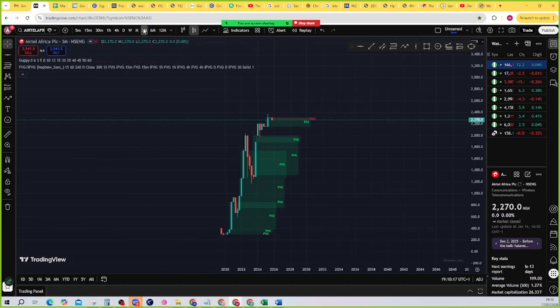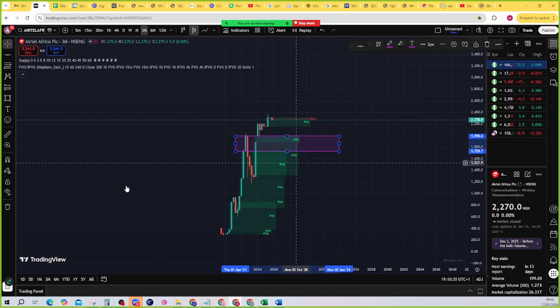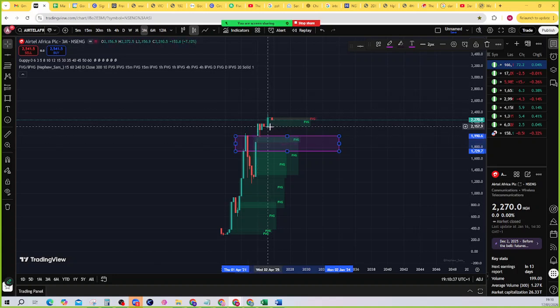And it's already painting red on the. Okay. So we are looking at buying Airtel. If Airtel can come down to this place. This was the breakout candle. So this was the last bullish candle before this. So if you can get Airtel around 1900 or below 2000. Below 2000 is fine.